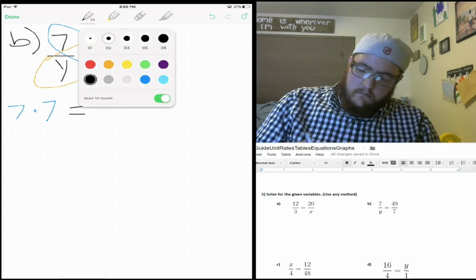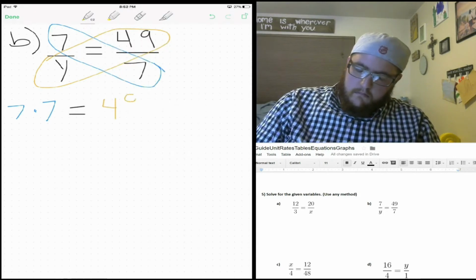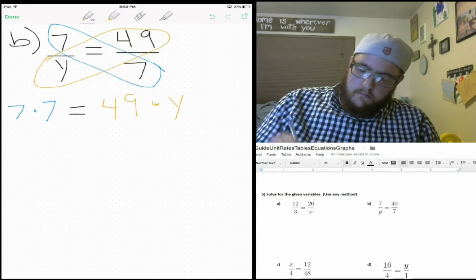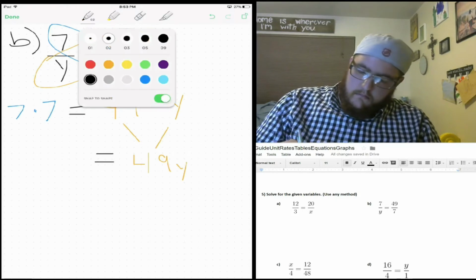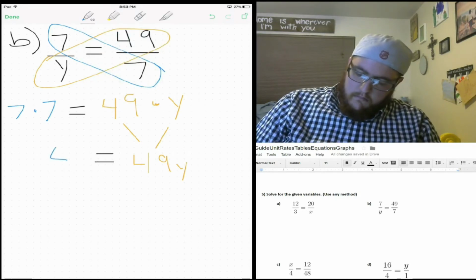And remember that product means multiplication. So the product of the first butterfly wing is 7 times 7. And I will set that equal to the product of the second butterfly wing, which is 49 times y. 49 times y is just 49y. And we will set that equal to the product of the first butterfly wing, or 7 times 7, which is also 49.